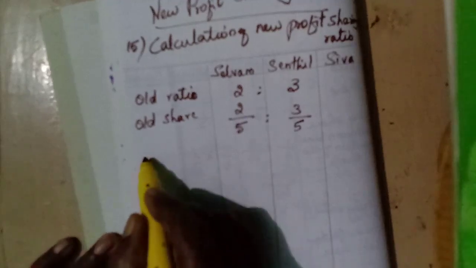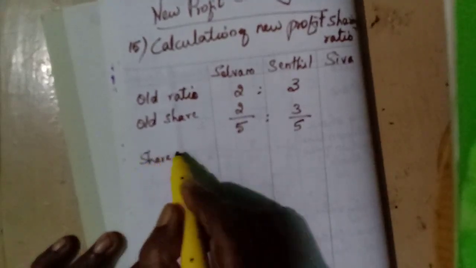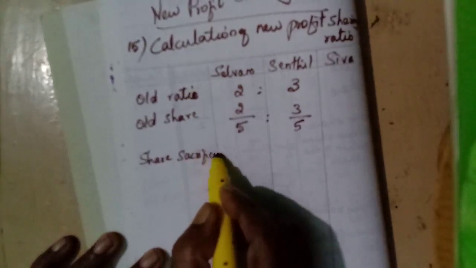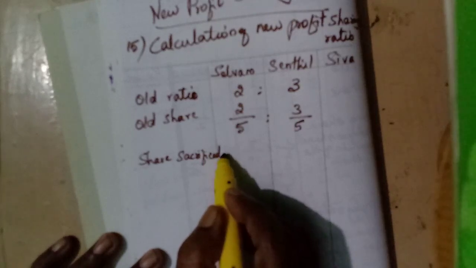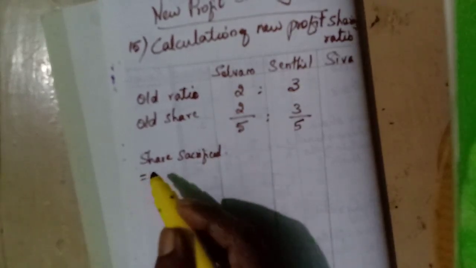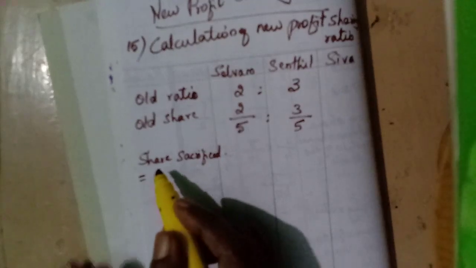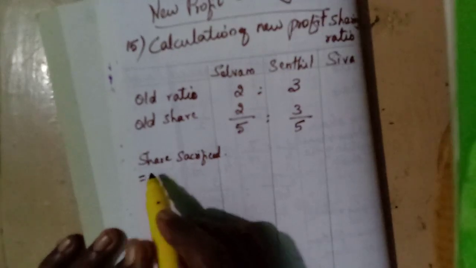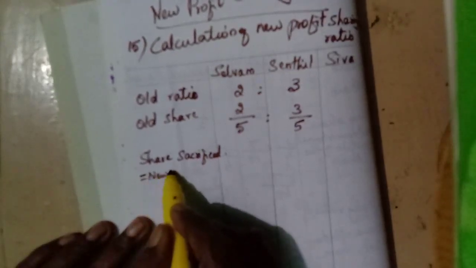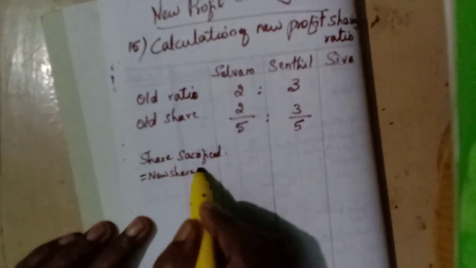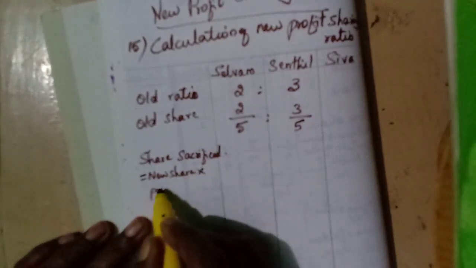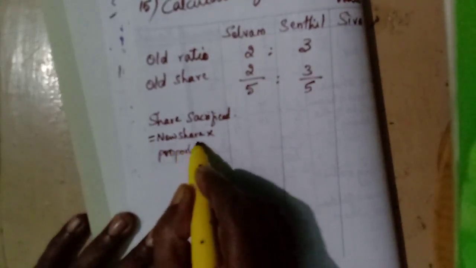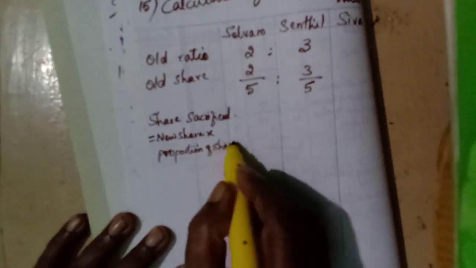Now share sacrificed. Share sacrificed is equal to the new share into proportion of share sacrificed.